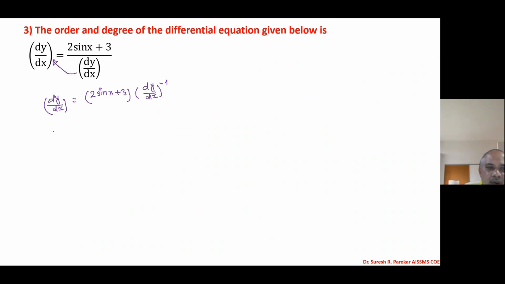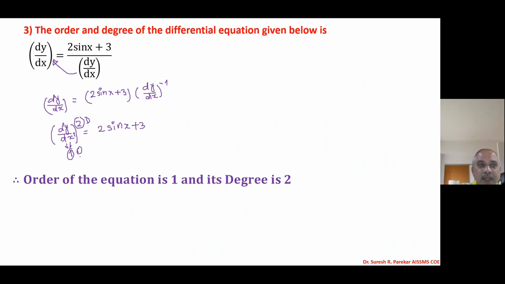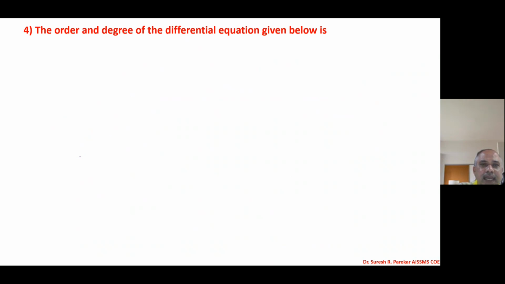We take it to this side, so we have (dy by dx) to the power 2 equal to 2 sine x plus 3. Now you can see we have order 1 because we have only dy by dx, and the degree is 2. So the order is 1 and the degree is 2.